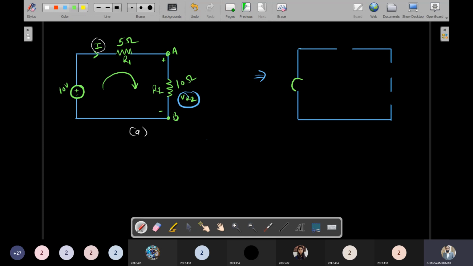This is 10 volt as it is. This is the resistor R1, 5 ohm. Current flowing through that is I. I'm just changing like this way.